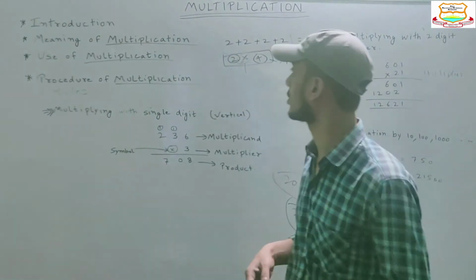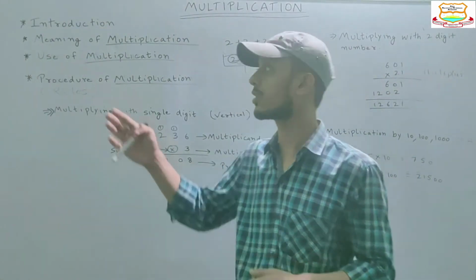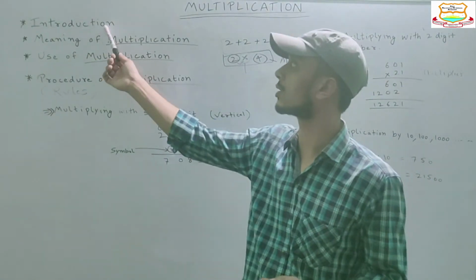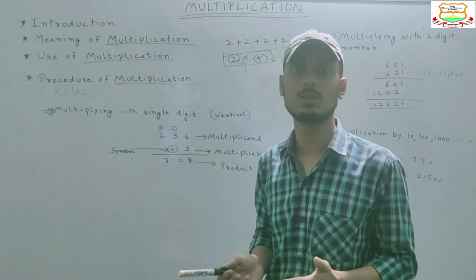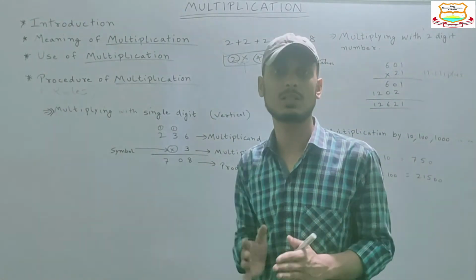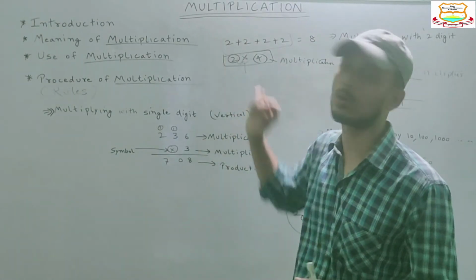Before ending this topic or chapter, let us revise what we have studied. First we saw the introduction to multiplication. What is multiplication? Multiplication is an operation in mathematics. Got it? It is a very important operation.